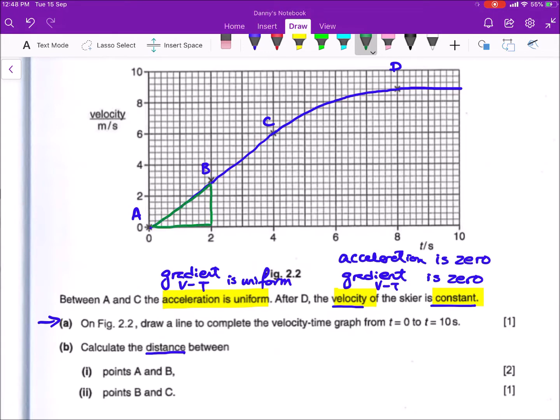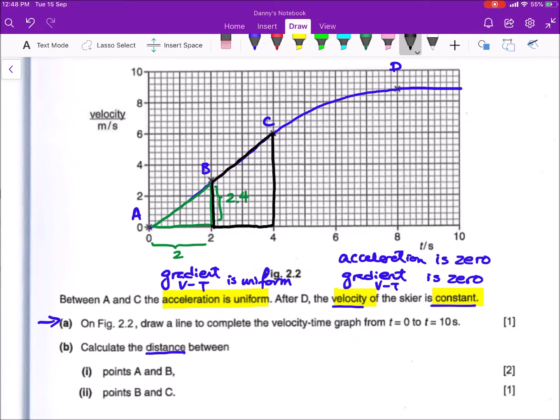straight line. So you can see this triangle consists of a base of 2 and then a height of 2.4. Right, so that is how you get AB. To get BC, your area under it will become a trapezium.